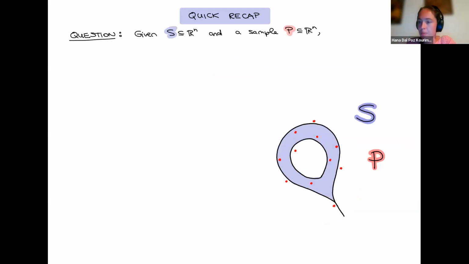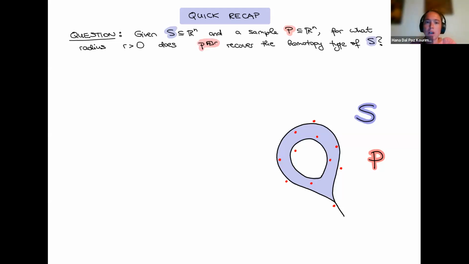Okay. So let's recap a little bit. What do we have? We are given a set S and a sample. And the question is, for what radius does the R offset of the sample recover the homotopy type of the set S?